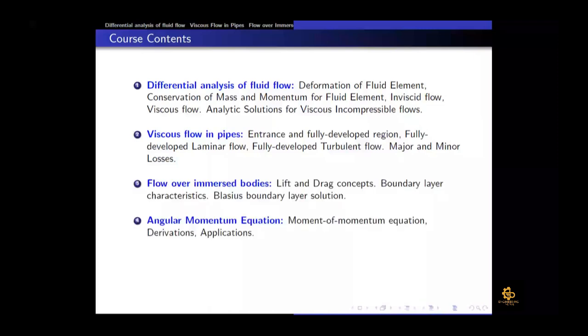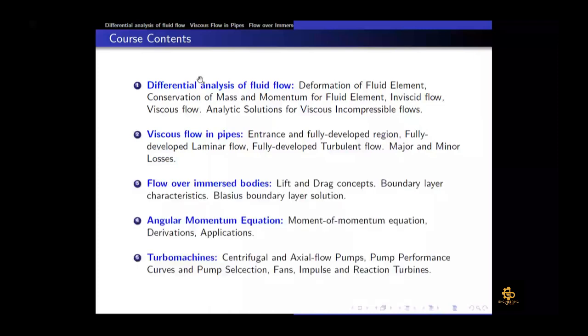One is the differential analysis of fluid flow, which is chapter number 6. As I have discussed, we are going to derive the equations which are derived by the conservation of mass and momentum for the fluid element or fluid particle, and then we would discuss some of the simplified solutions for viscous incompressible flow.